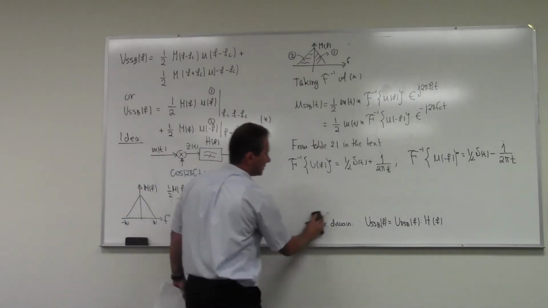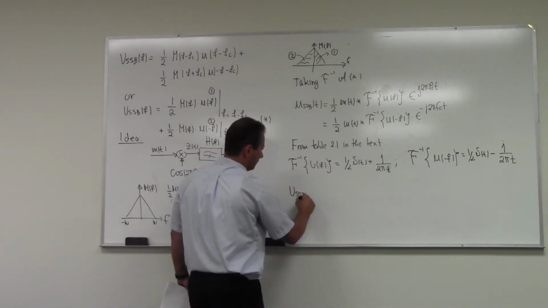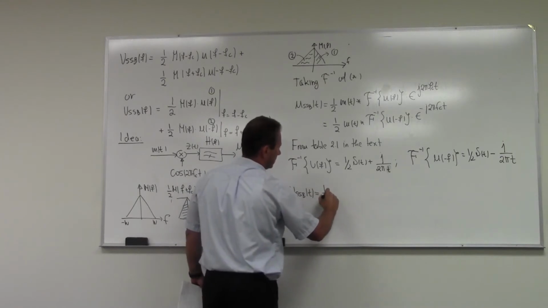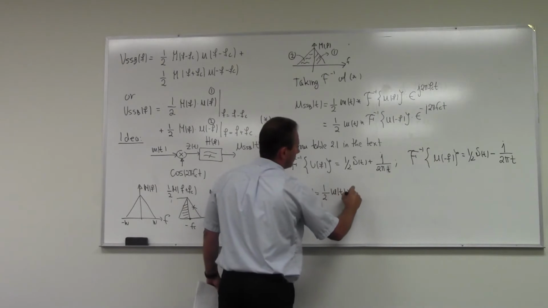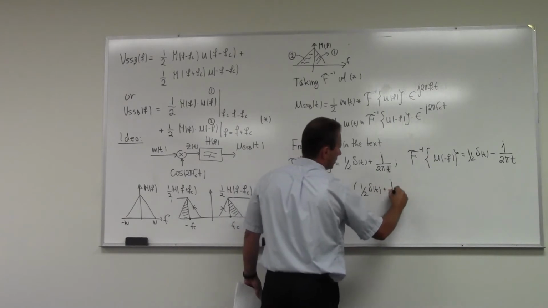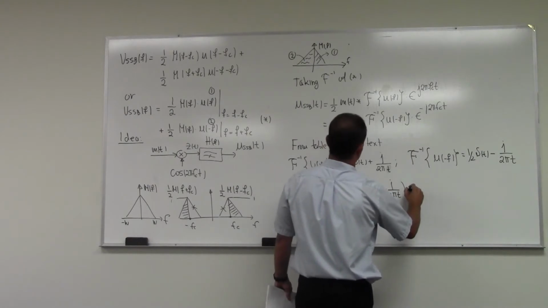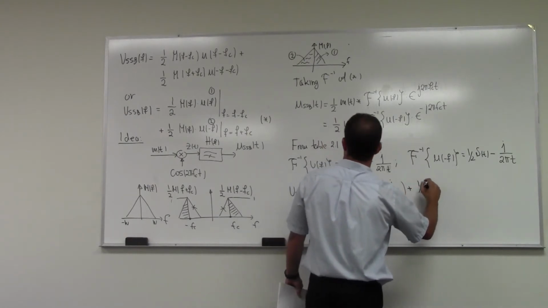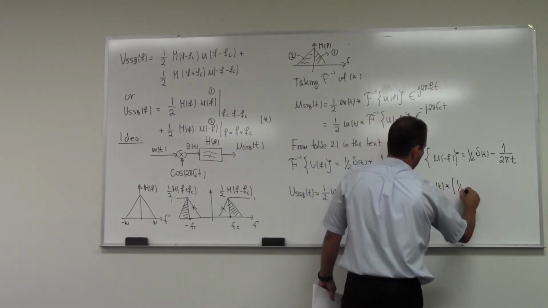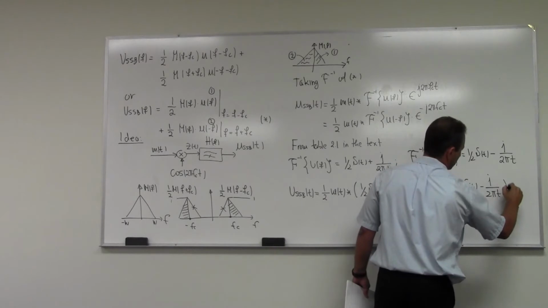So now I can substitute everything into this equation and get that u single sideband of t is going to be, let me just write it, m of t convolved with 1/2 delta of t plus j over 2 pi t, and then plus 1/2 m of t convolved with 1/2 delta of t minus j over 2 pi t.